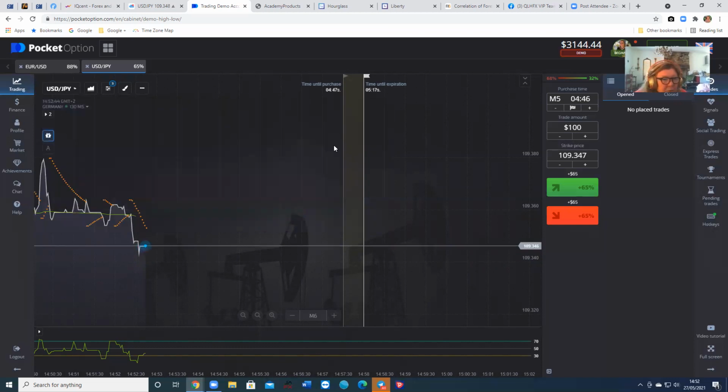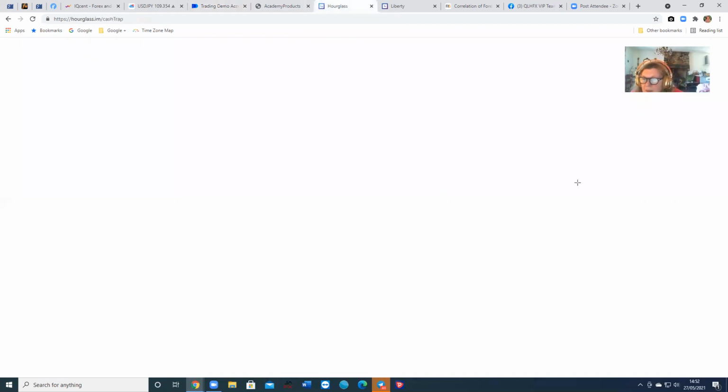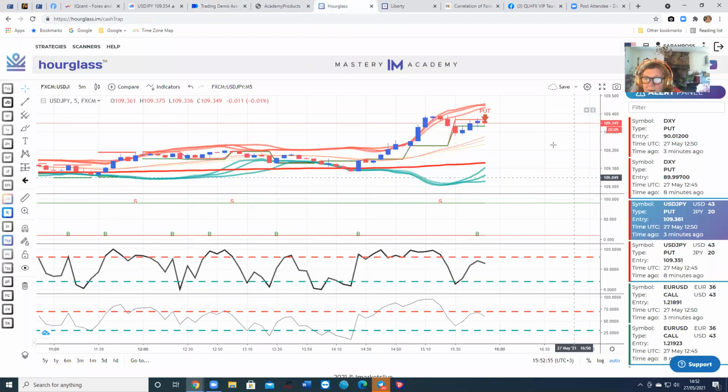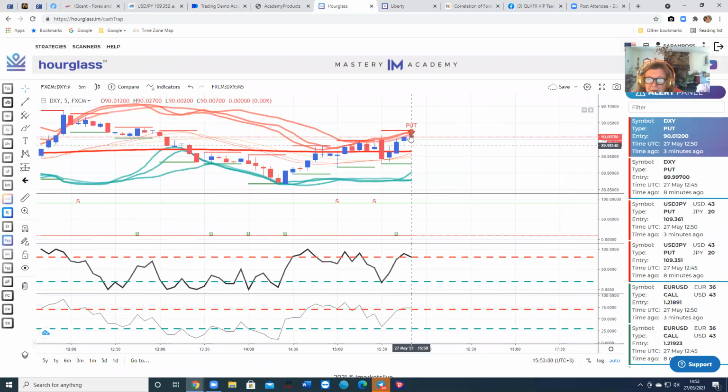So I think I'm going to go and look at HourGlass just to look at the DXY as a put.